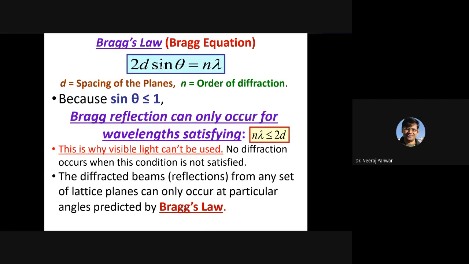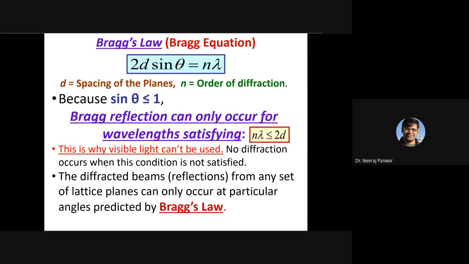Now you see here the maximum value of sine theta. Sine theta can vary between 0 and 1, and the maximum value of sine theta can be 1. Sine theta can never be greater than 1. So if we put sine theta equal to 1 here, n lambda will be equal to 2D.